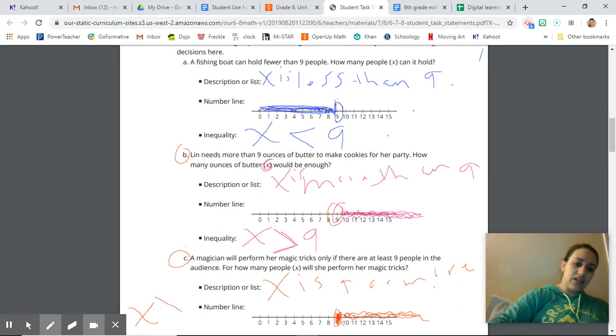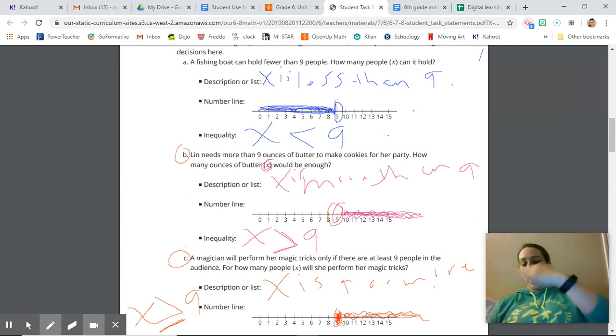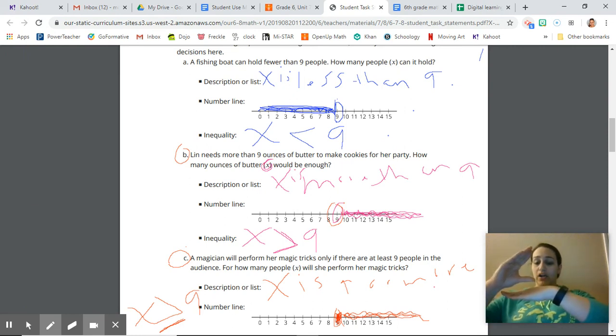So I'm still going to use that greater than symbol because we would like it if there were more than 9 in the audience, if X was bigger than 9. But she said 9 works. So the way that we show that with an inequality is to put a line underneath that. It's basically taking an equal sign and taking one of the lines out of the equal sign, and putting it underneath that mouth inequality symbol.